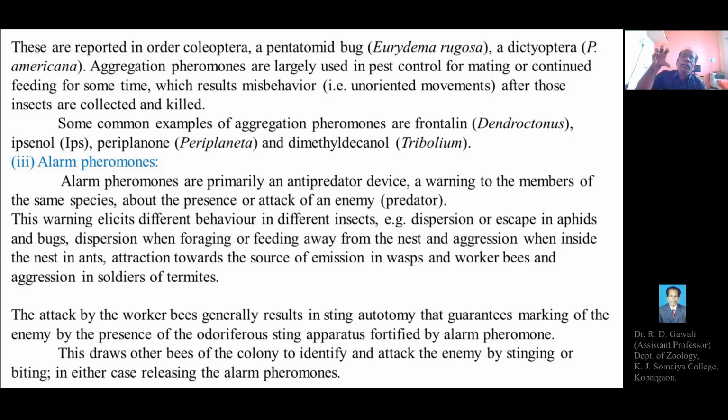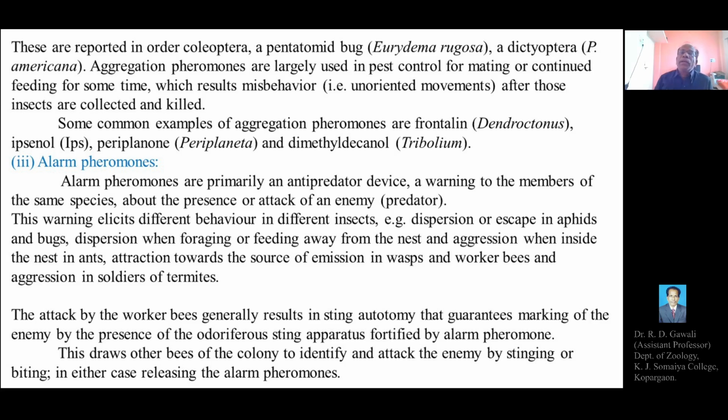So in the case of wasps, on release of alarm pheromone, other members of the same species get attracted towards the member who has released the alarm pheromone. And the same in worker bees, attraction towards the source of emission, and aggression in the soldiers of the termites.